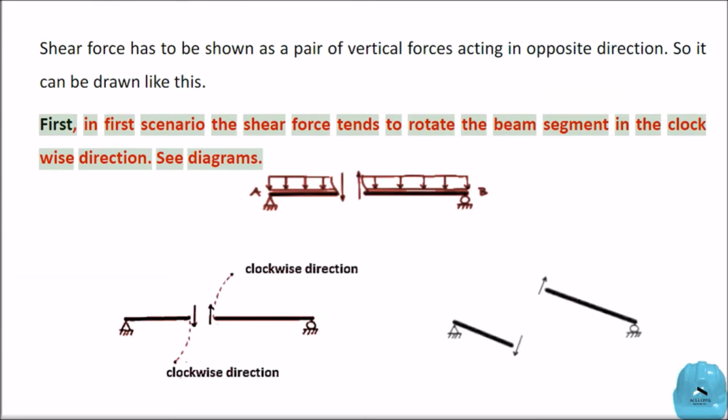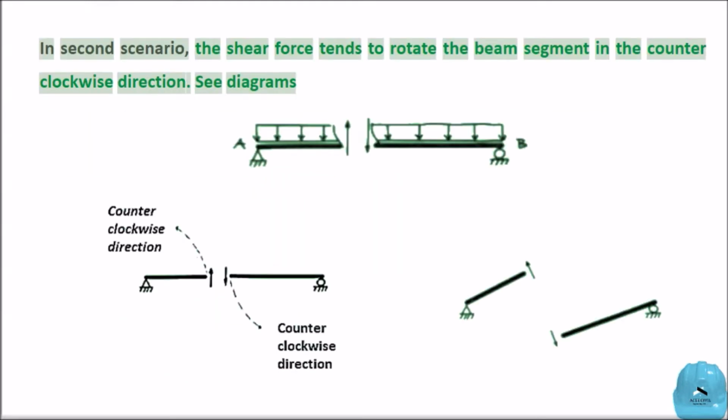In the first scenario the shear force tends to rotate the beam segment in the clockwise direction. See diagrams. In the second scenario, the shear force tends to rotate the beam segment in the counterclockwise direction. See diagrams.